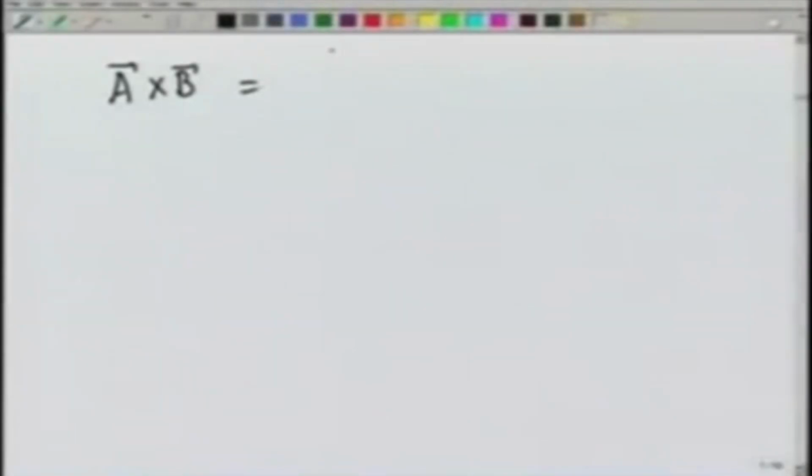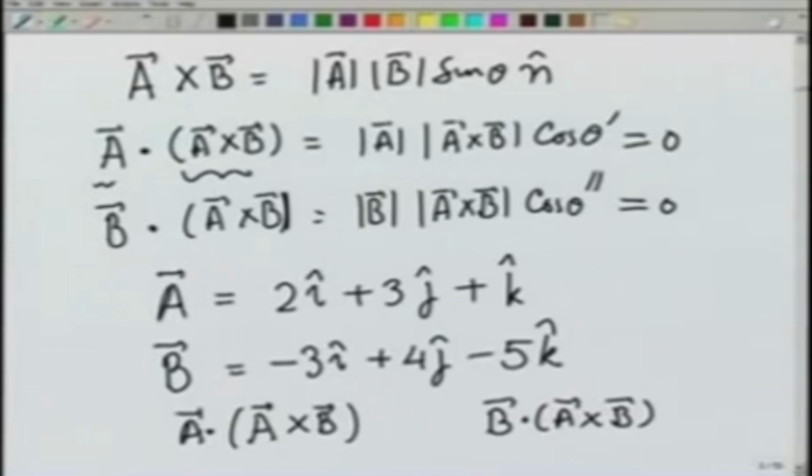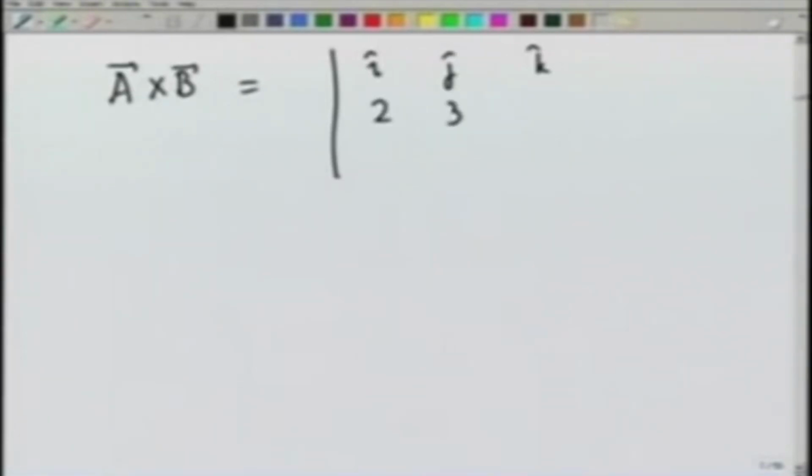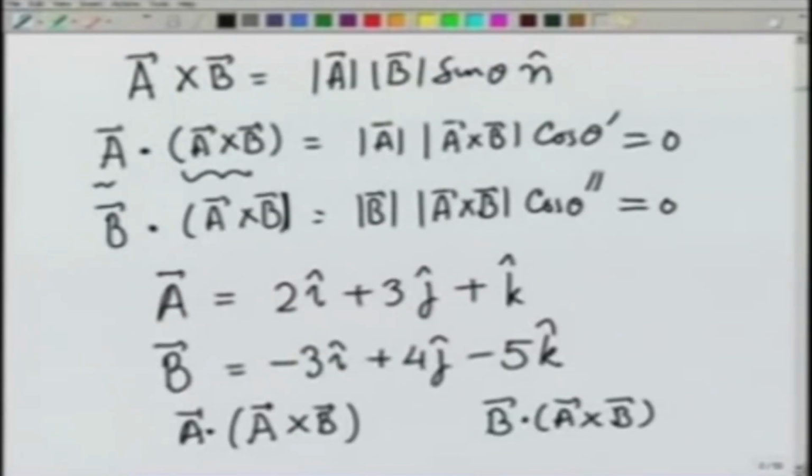So, A cross B is going to be equal to the determinant with i, j, k. Let us see what the vectors were. 2, 3, 1 and minus 3, 4 and minus 5.